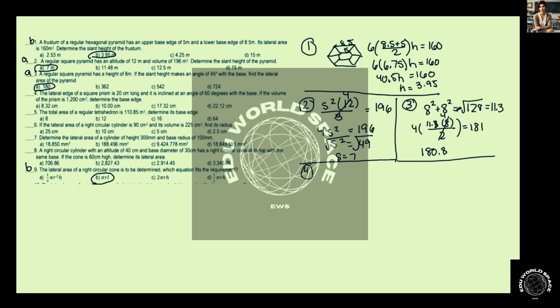If the volume of the prism is 1,200 centimeters cubed, determine the base edge. I found the height of that. Here's 60, and this was 20, so this is 11.54. Then I took 1,200 divided by 11.54, and I get 103. The square root of 103 equals 10.1. So 10 centimeters, B is the answer.